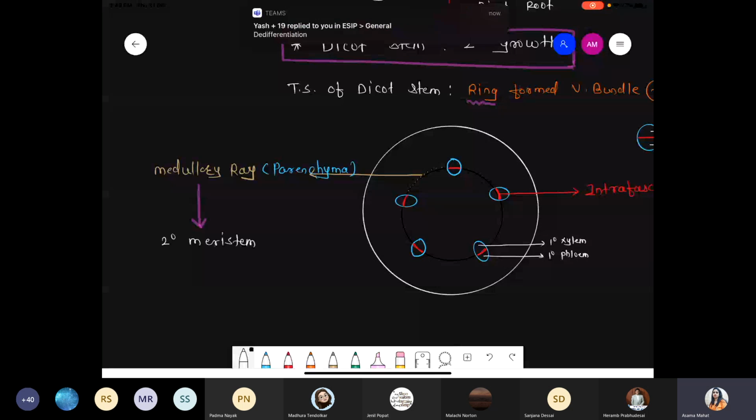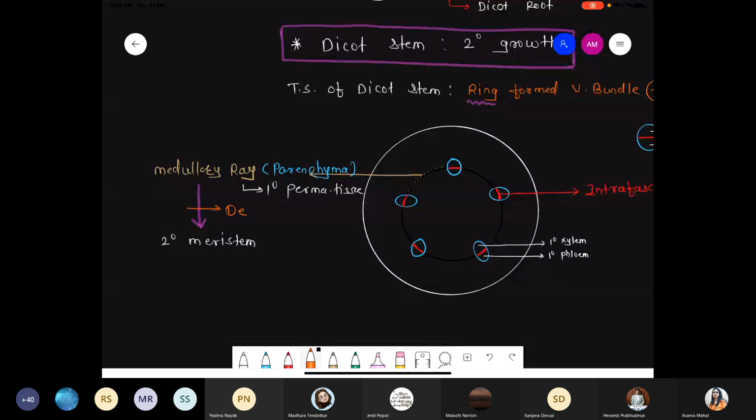Yes, Sakshi. Medullary rays are an example of parenchyma tissue. Parenchyma is a permanent tissue, because medullary rays are responsible for the storage of food. So they have a specific function. So that is a permanent tissue. But what happened during the secondary growth? Such medullary rays, the primary permanent tissue, undergo the process of de-differentiation.